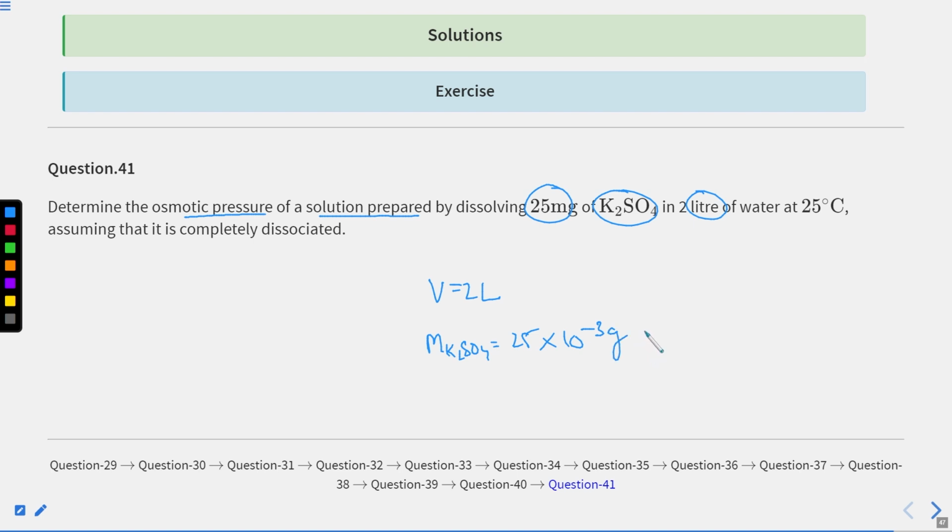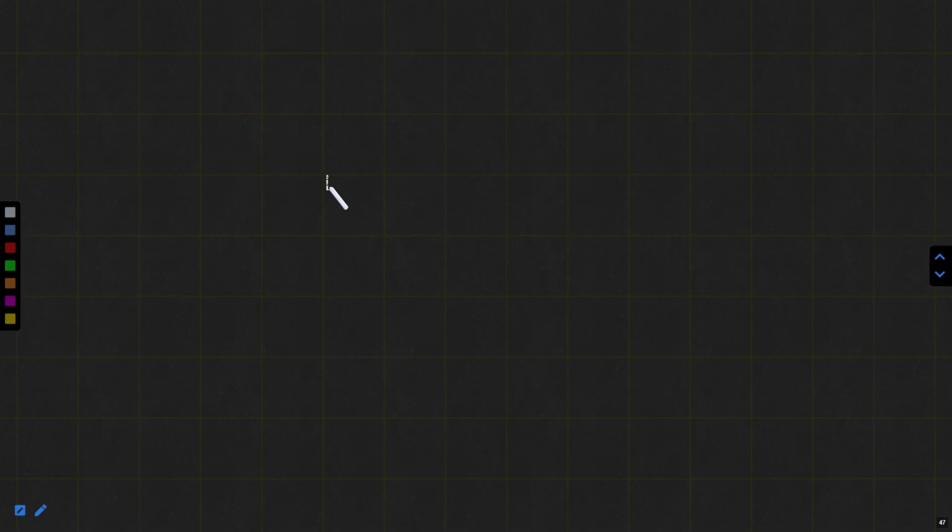Assuming that it is completely dissociated. Now if K2SO4 is completely dissociated, what will be the value of i? K2SO4 will dissociate into 2K plus and SO4 2 minus.